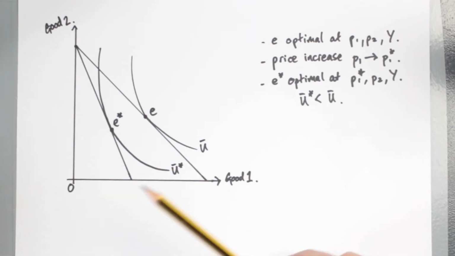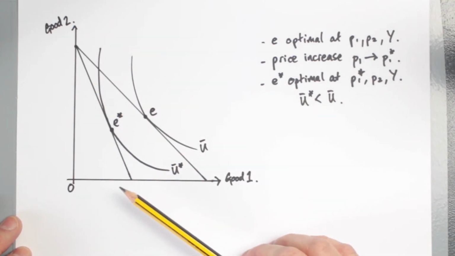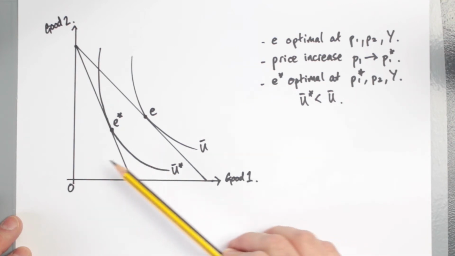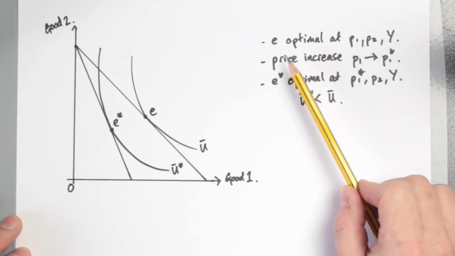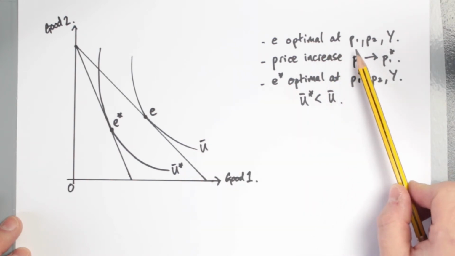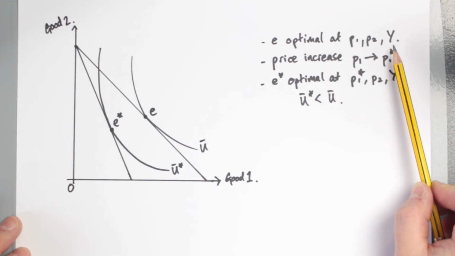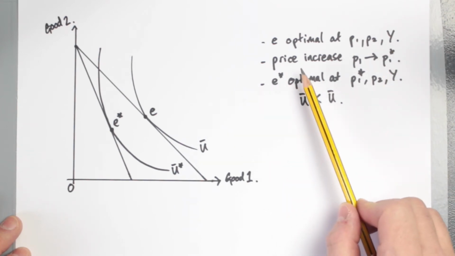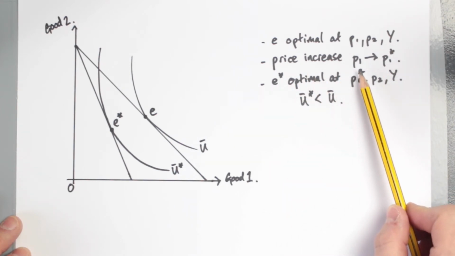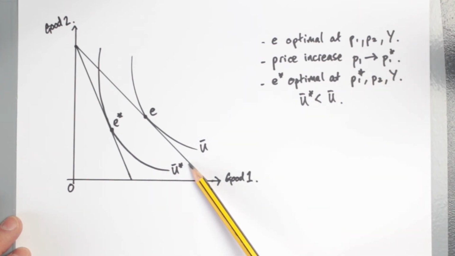So I've prepared a commodity space diagram here with good 1 on the horizontal axis and good 2 on the vertical axis, the 0 here. And I've just drawn a budget line here, which represents when prices are P1, P2, and income is Y. And I've represented the price increase, P1 to P1 star, as the budget line changing from this line to this line here.